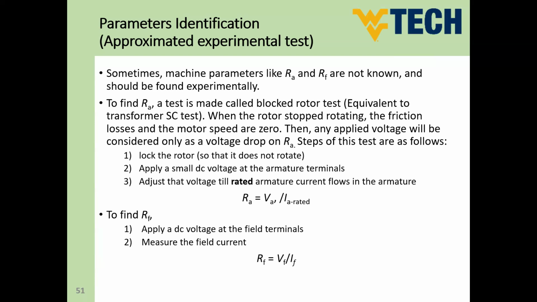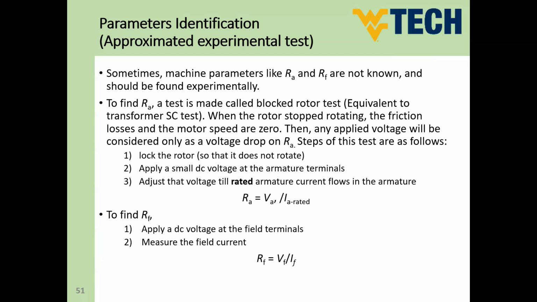As you could see in the transformer, for instance, we identify the parameters of the transformer, like calculating the winding resistance and leakage reactance, calculating the core loss of the transformer, and the magnetization branch, the core resistance, and the magnetization reactance.